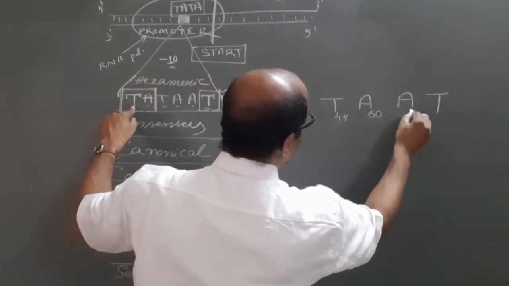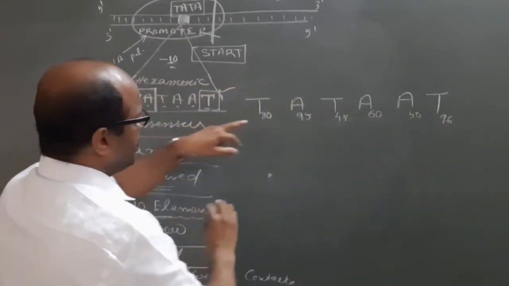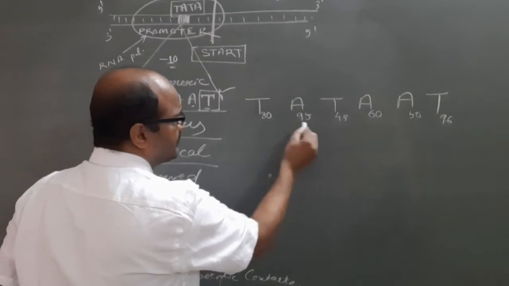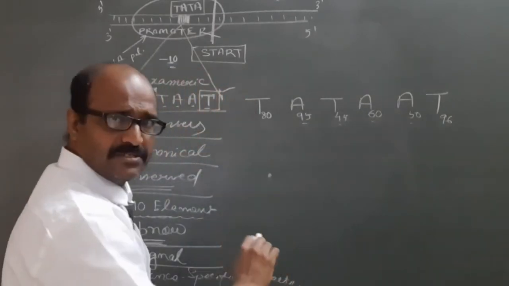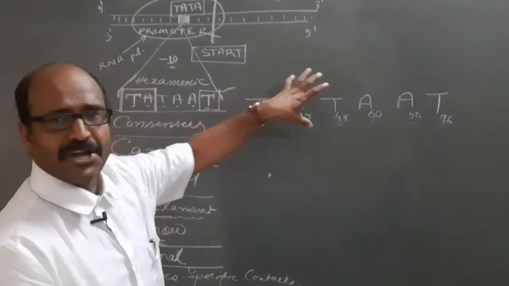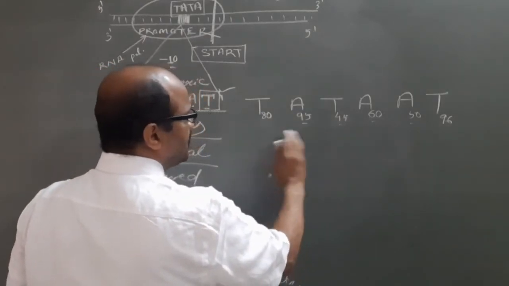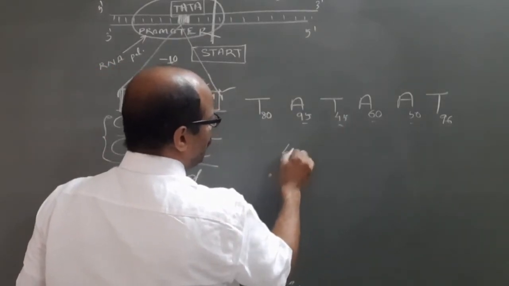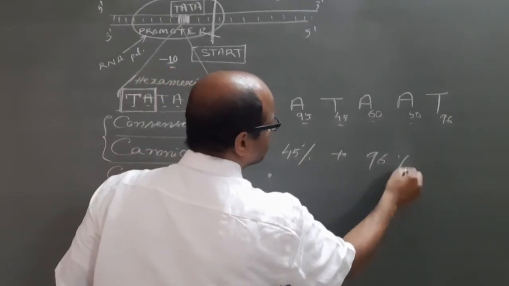So these subscripts indicate the percentage of repetition, the percentage of frequency of the nucleotide, which varies from 45% to 96%.